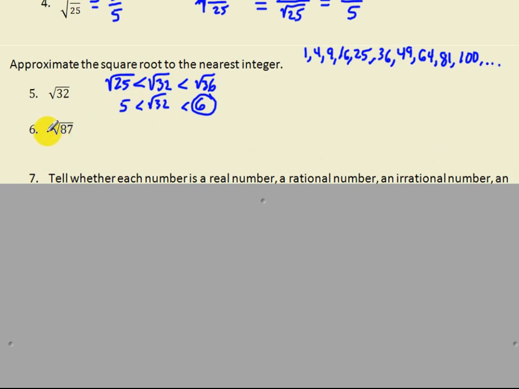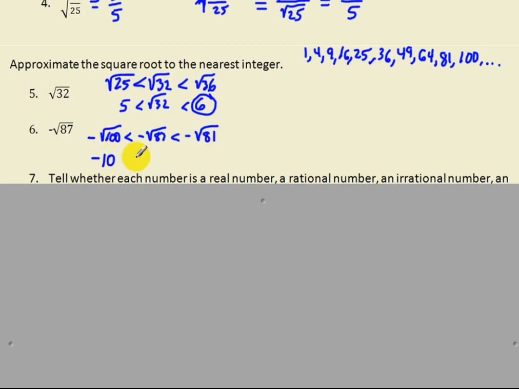In the case of a negative here, negative the square root of 87, remember that we're going to be negating this so that the numbers that look larger here in our list are actually going to end up being lesser in value because they're negated. So we have negative the square root of 100 less than negative the square root of 87, which is less than negative the square root of 81.